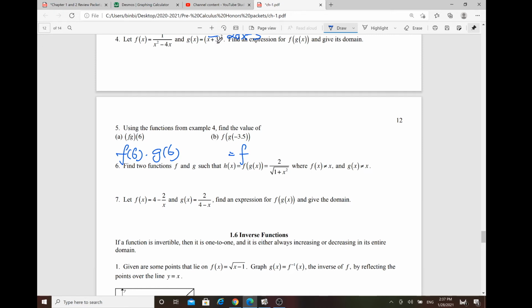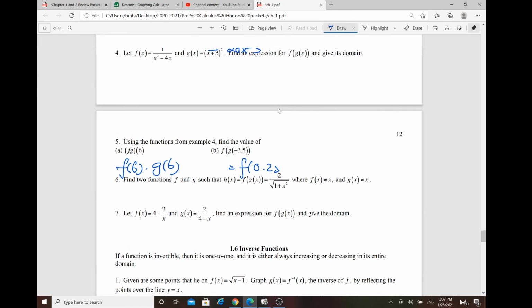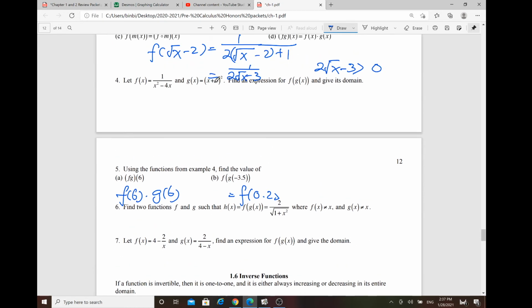Negative 0.5, quantity squared. Then that would be 0.25. So g of x is x plus 3, quantity squared. So negative 0.5, quantity squared, 0.25. And then plug 0.25 into the quadratic.